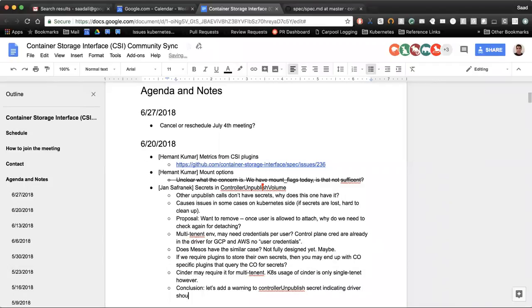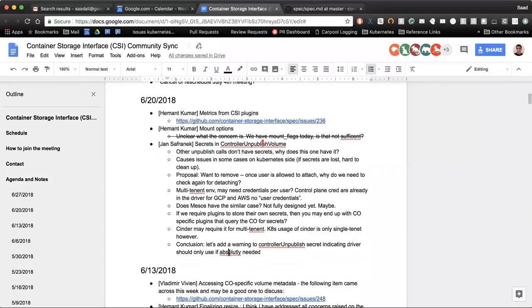Would the better practice be to put this secret in, was it volume options, the opaque properties? Sorry, what do you mean? Yeah, there's an opportunity for the driver to provide some volume options that are persisted by the CO, right? And they could cache the secret in that.